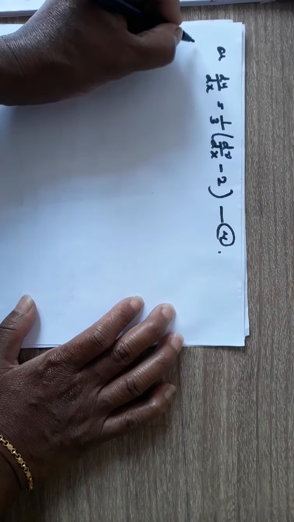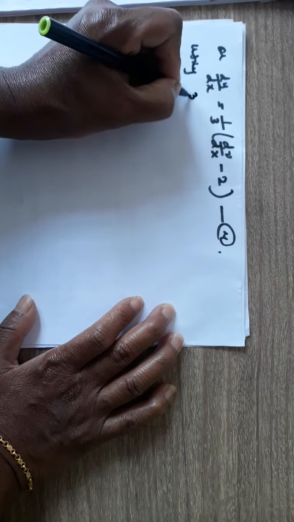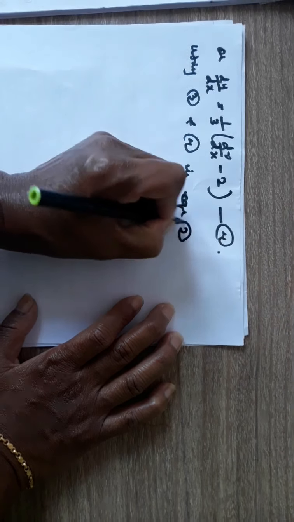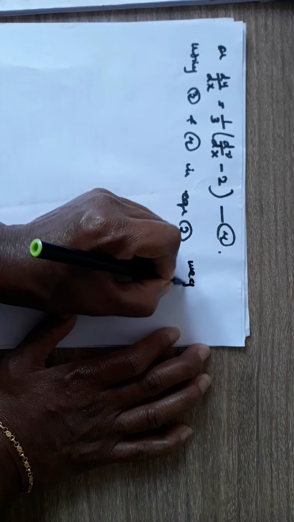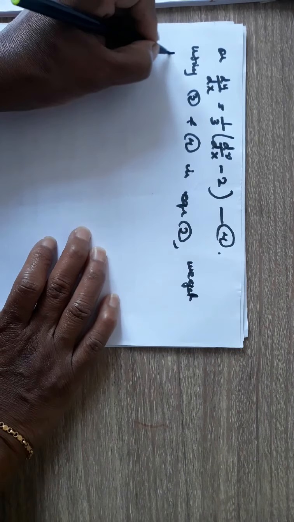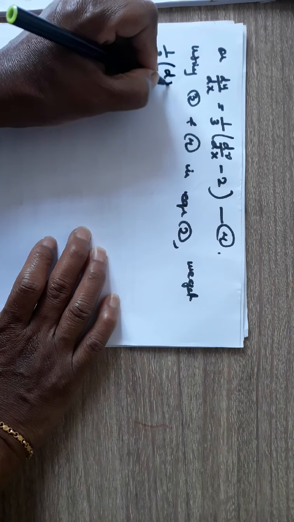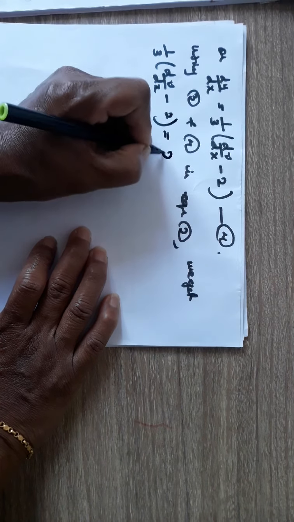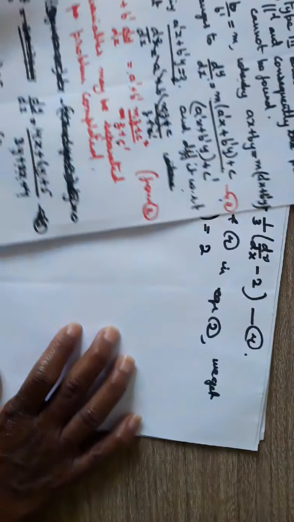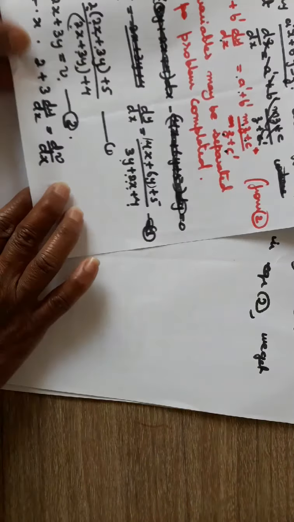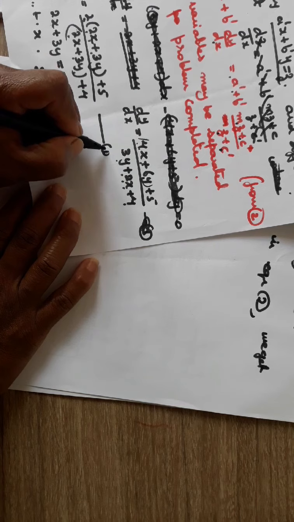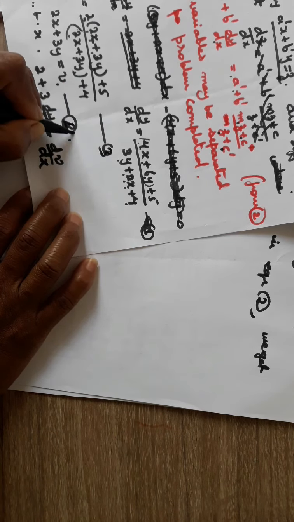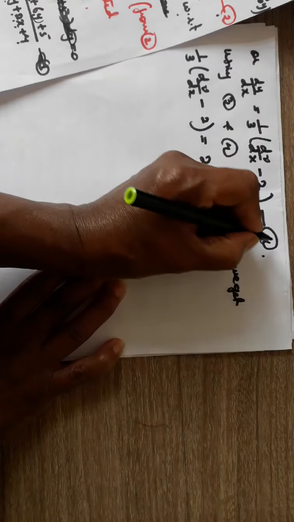Now using 3 and 4 in equation 2, we get 1 by 3 of (dv/dx minus 2) equal to 2 times, and this is equation 5.